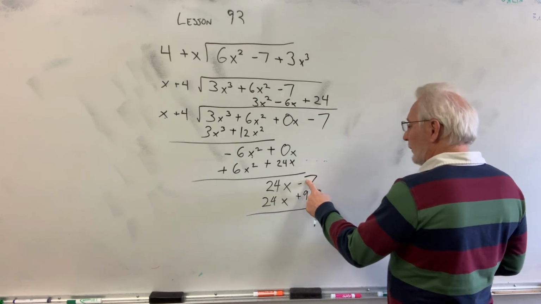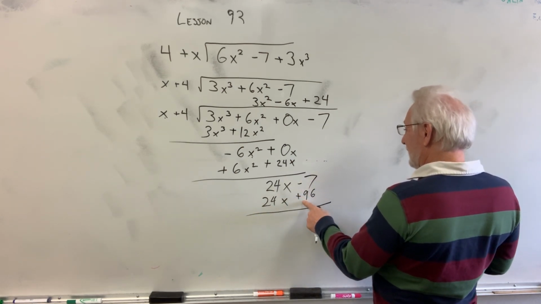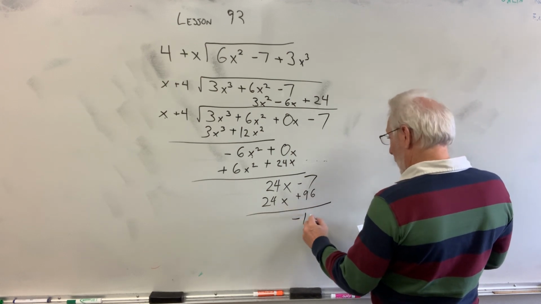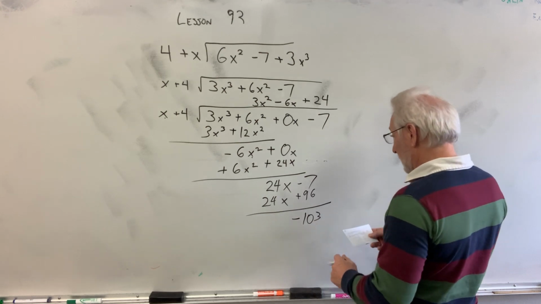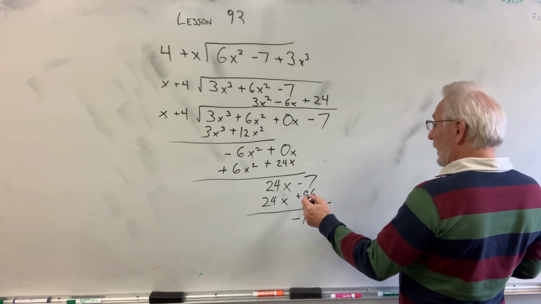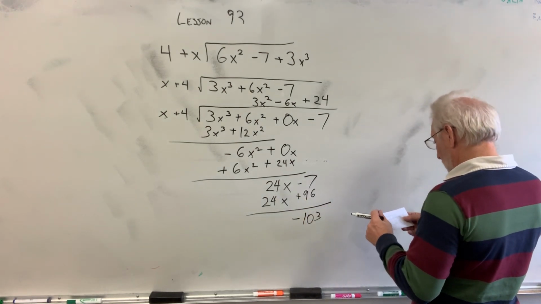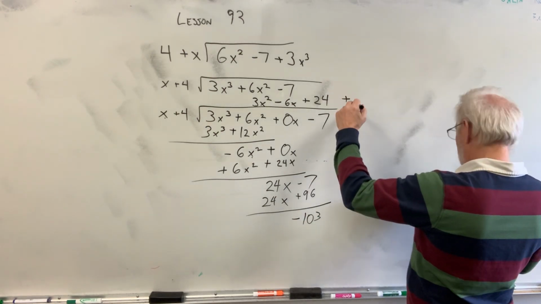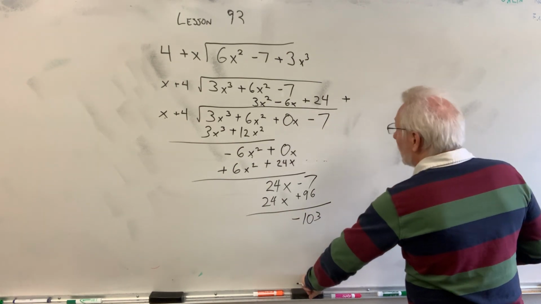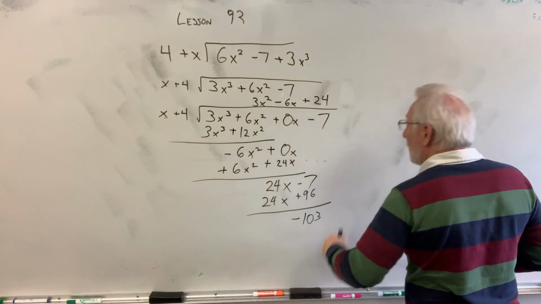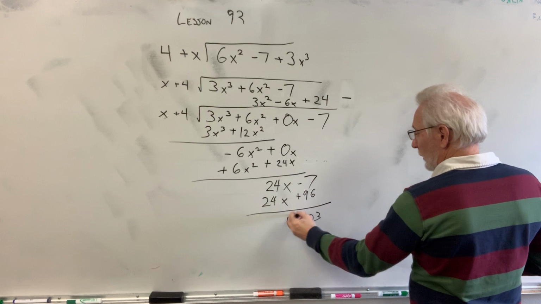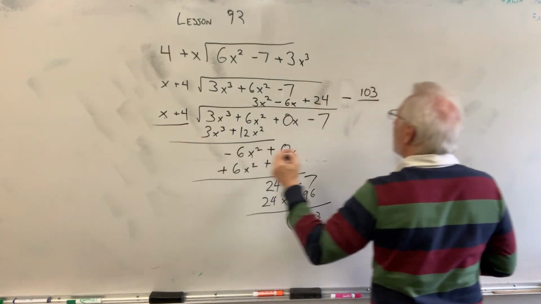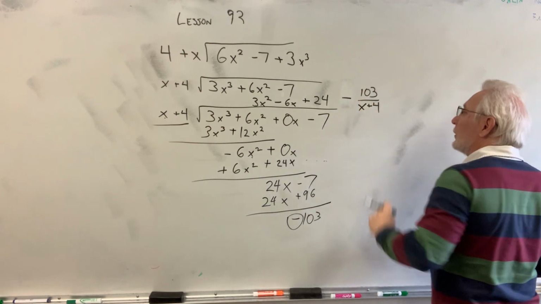Now, negative 7 minus 96, okay, is going to give you a negative 103, right? Okay, we had 7 bad guys, and when we subtract 96 from those 7 bad guys, we're down to negative 103. So that when we get our, and it's a negative, so we put a minus here. 103 over x plus 4.